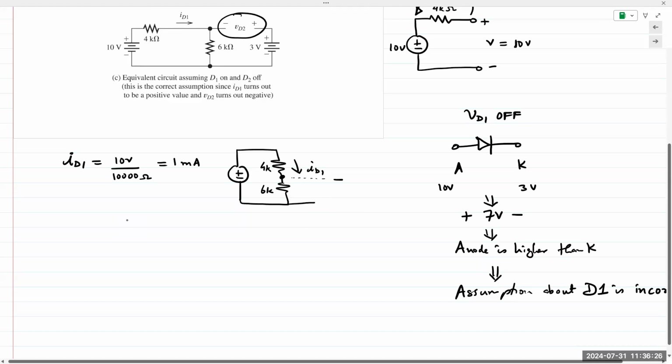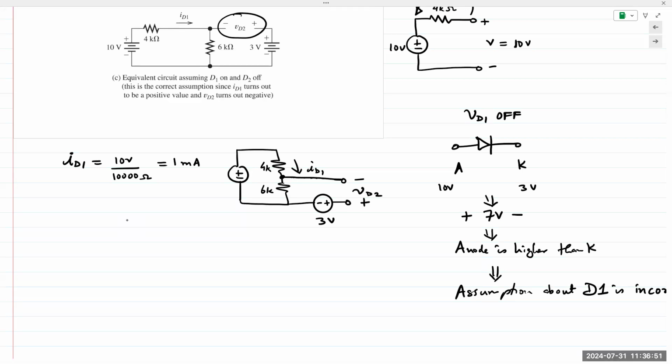Let me make it bigger. Minus, plus, this is 3 volts. And this terminal right here is basically VD2. I've simply taken the 4K and the 6K resistor and redrawn the circuit like this. The circuit has not changed. I'm just redrawing it in a different way to illustrate a point.